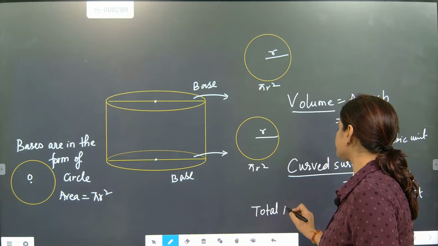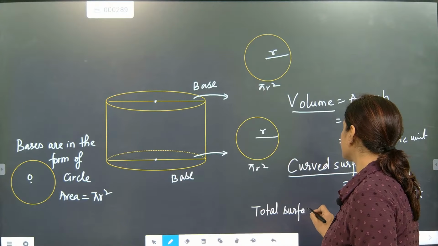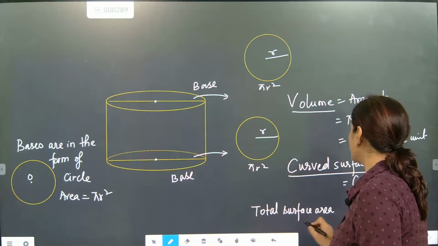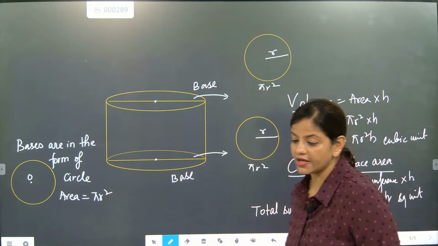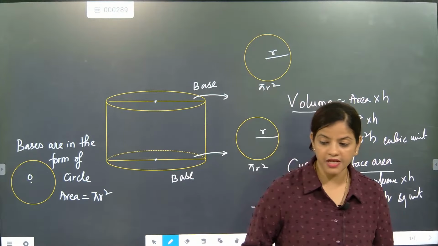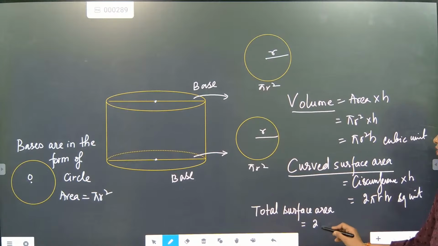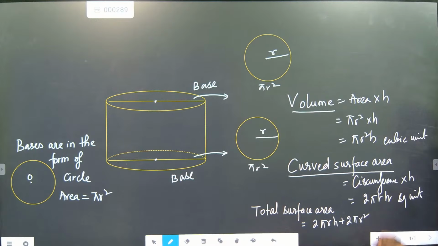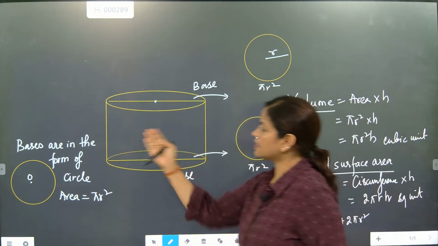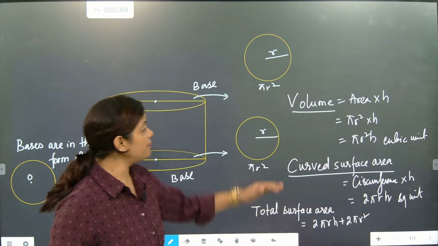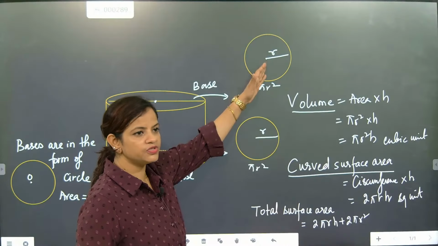Total surface area is the curved surface area plus up and down. So total surface area will be 2πrh plus 2πr², because we are considering the curved surface area plus the upside circle and the downside circle.